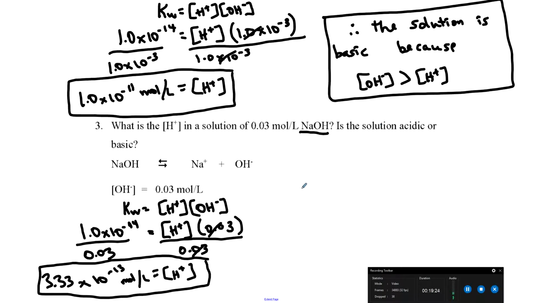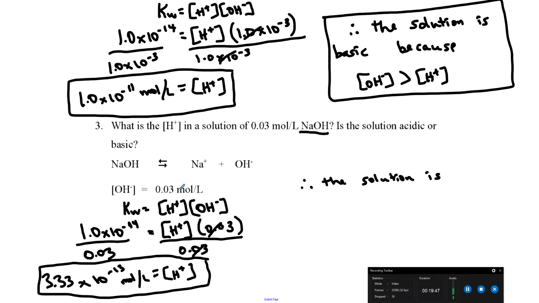So I'll say, therefore, the solution is, well, here we have an extremely small value for H plus concentration, and we have 0.03. If we're talking about scientific notation, this is only times 10 to the negative 2.